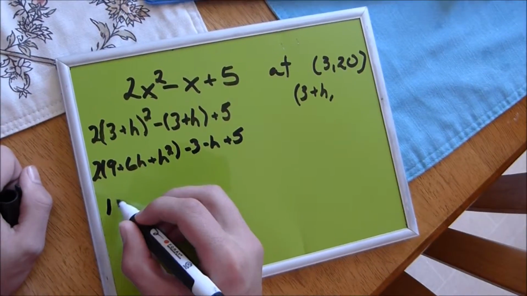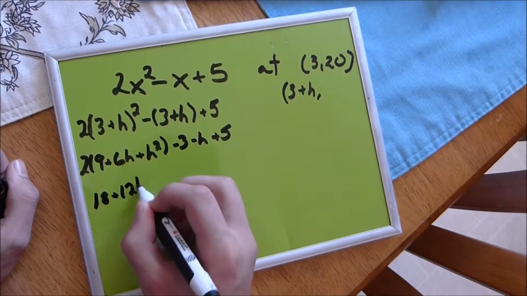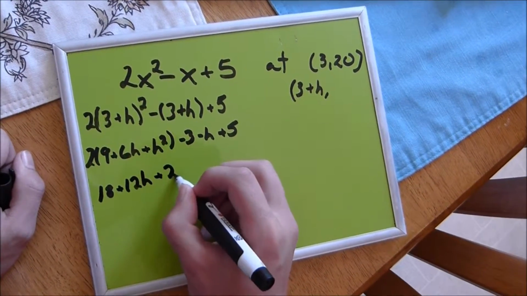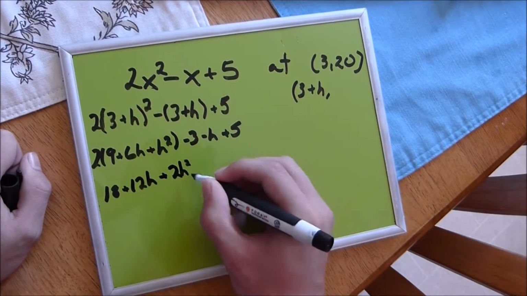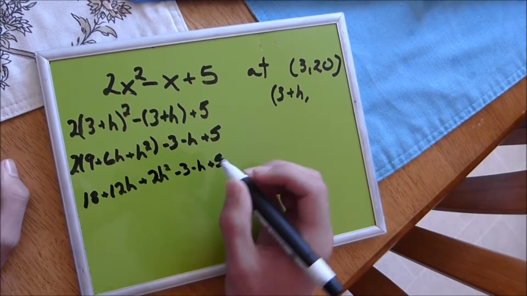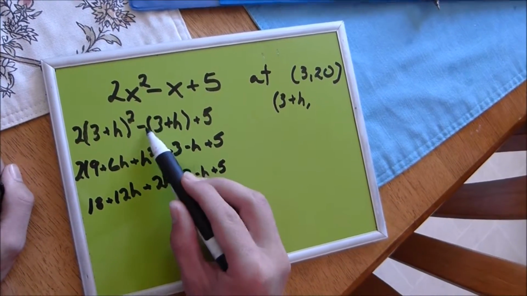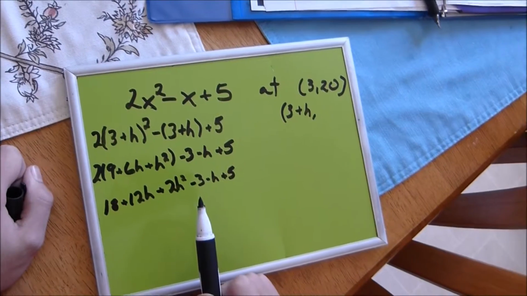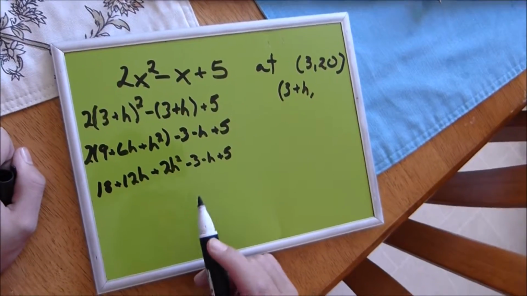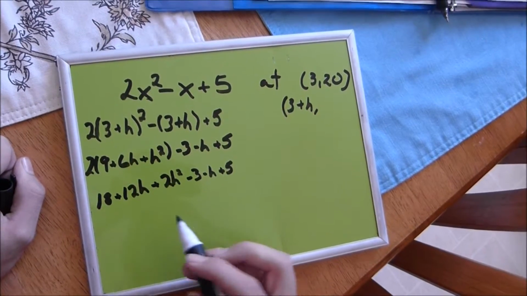So it's going to be 18 plus 12h plus 2h squared minus 3 minus h plus 5. It's minus h, because you have to put the negative to both sides. And then you have to combine like terms.